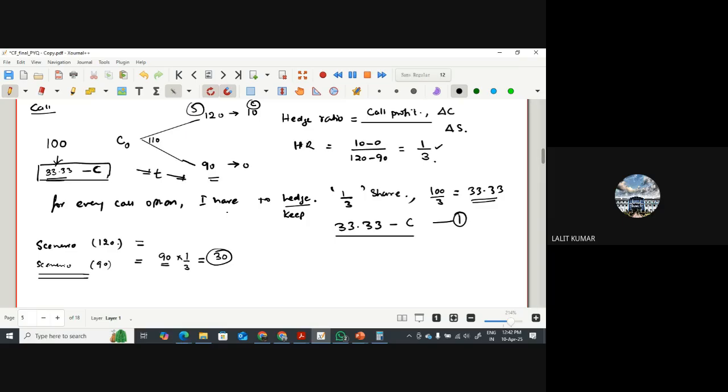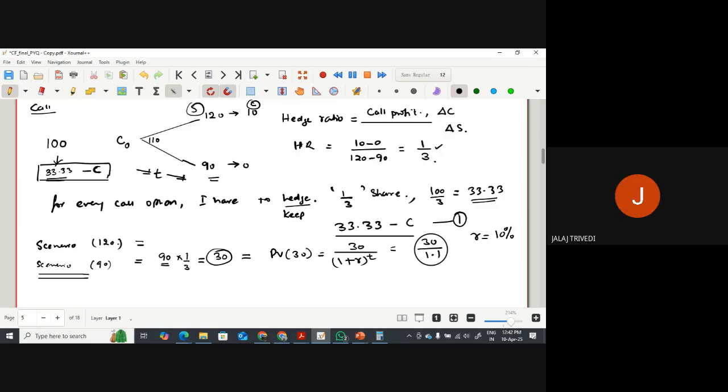Now this 30 rupees is in the future, after T. So what is the present value of 30? Present value of 30 will be equal to 30 divided by 1 plus R into T. If T is equal to 1 and R is, for example, 10%, then this will become 30 divided by 1.1.